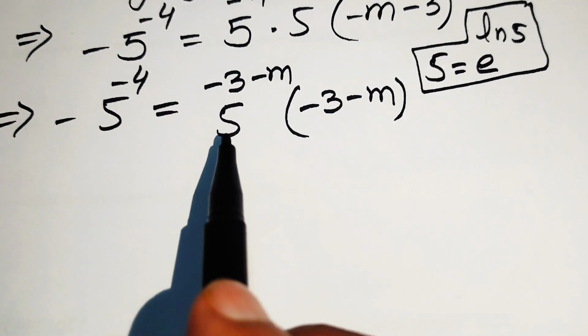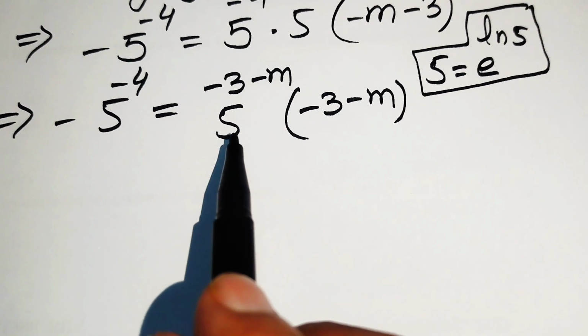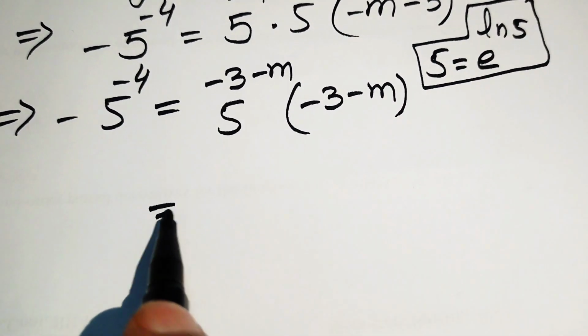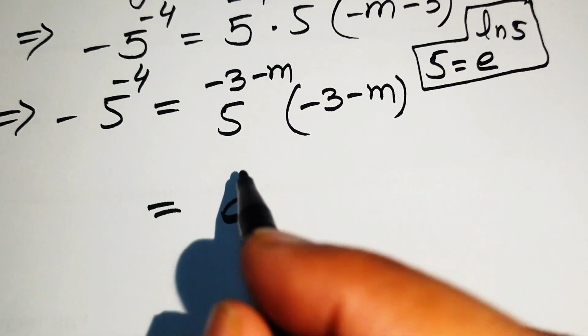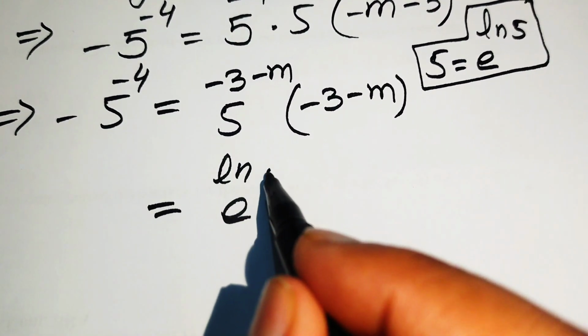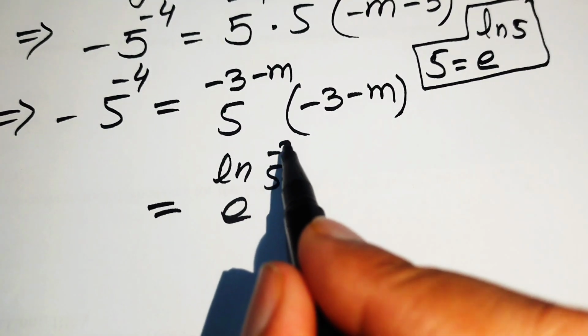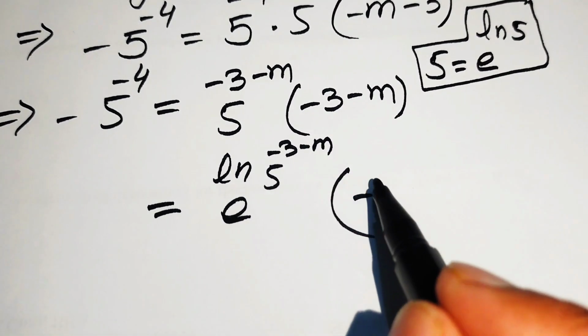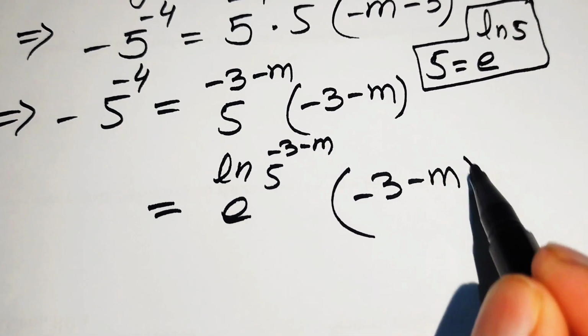Now we just take the log and anti-log at the same time of this term, and it will be written as e to the power of log of 5 to the power of (-3 minus m), times (-3 minus m).